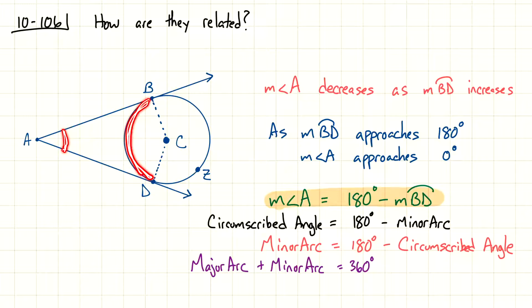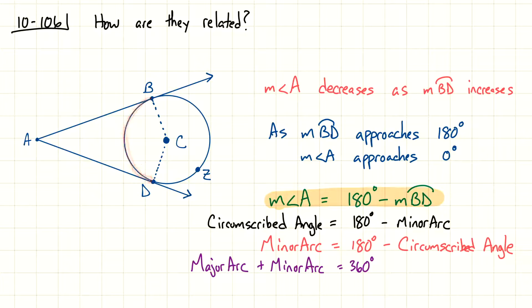Right away I'm giving you a method to calculate this angle, which is called our circumscribed angle. The circumscribed angle is this angle on the outside. And the measurement of arc BD, if you think about it, is a minor arc.